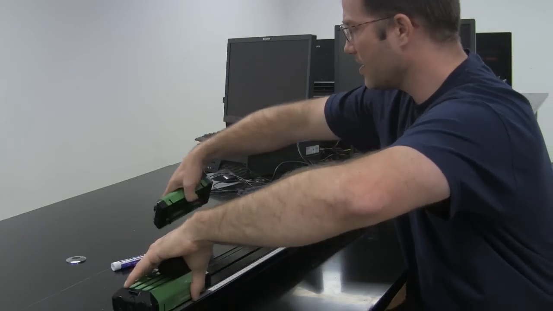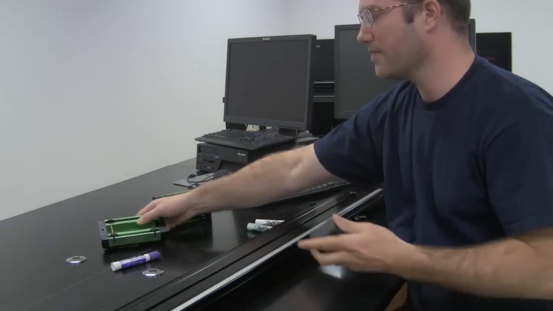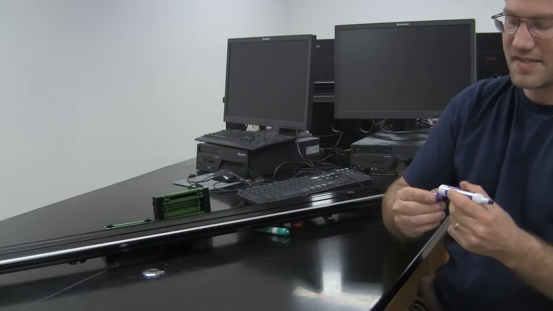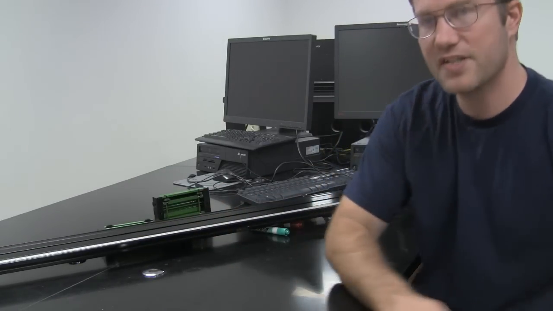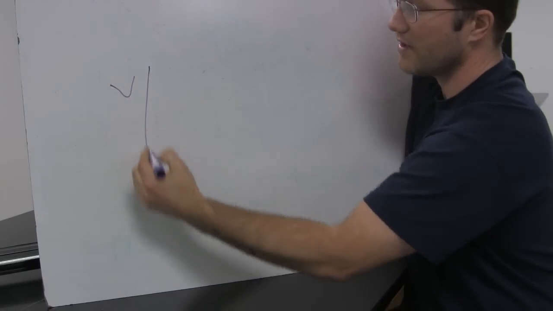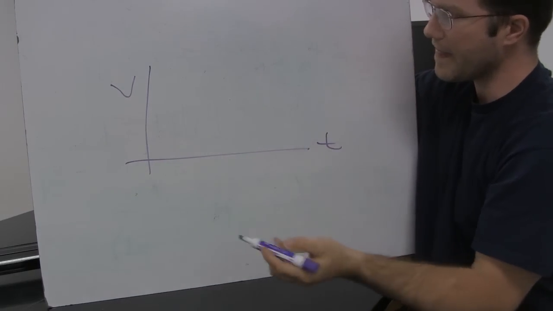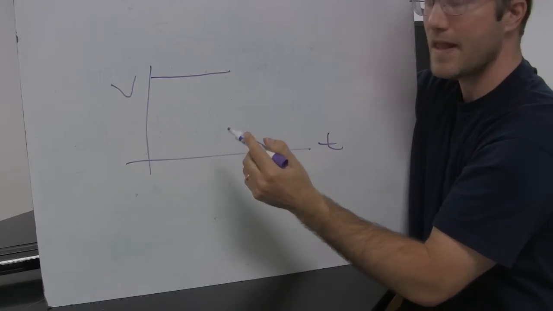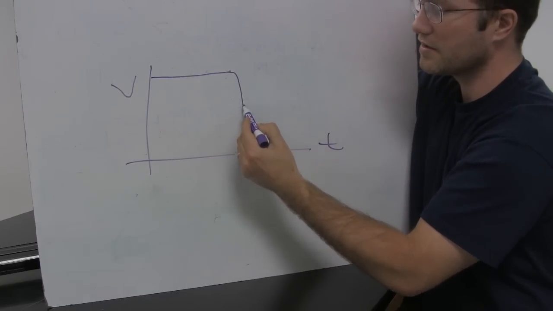So let's take a look at what we might predict the motion sensor would see when that happens. Let's imagine that we're making a graph of velocity versus time. So here's our velocity versus time graph. As that cart was moving down the track at pretty constant velocity, suddenly there's a collision.